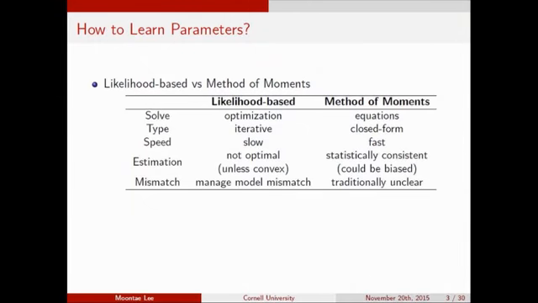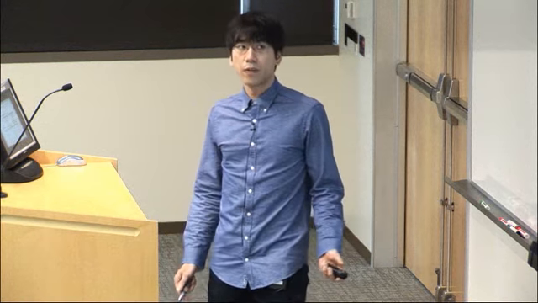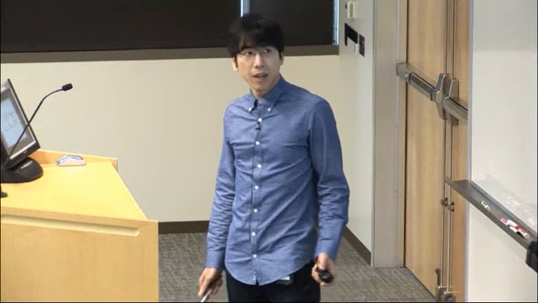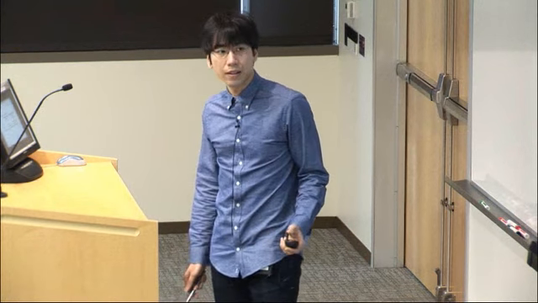If I compare these two approaches to learning parameters, solving for likelihood usually uses optimization, which requires multiple iterations that make the algorithm slow. Whereas with the method of moments, we are solving closed-form equations, and speed is relatively fast. In terms of estimation quality, unless the likelihood function we design is strictly convex, it's not always optimal, whereas the method of moments is statistically consistent.